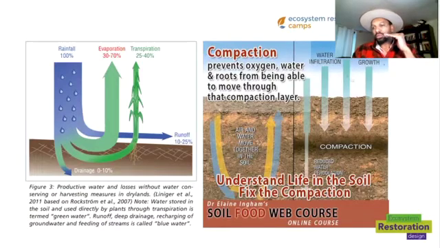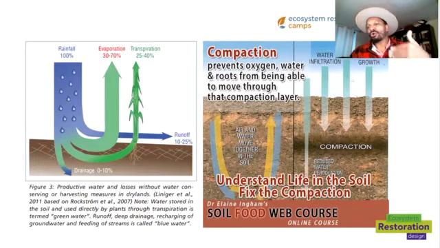So the compacted condition prevents air and water from getting into the deeper layers of soil that would allow for whatever plants that are trying to establish to receive what they need in order to survive. So one of the first things that needs to be done is to actually address this compaction condition so that we can actually get more efficient use of whatever available air and water there is.